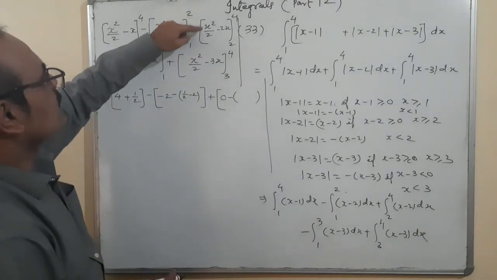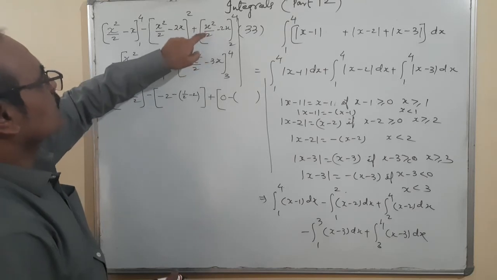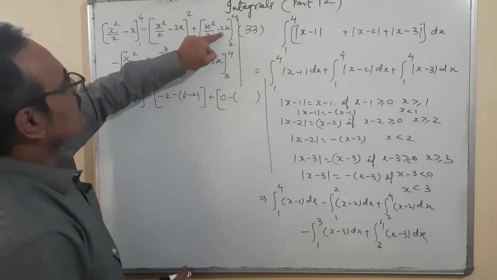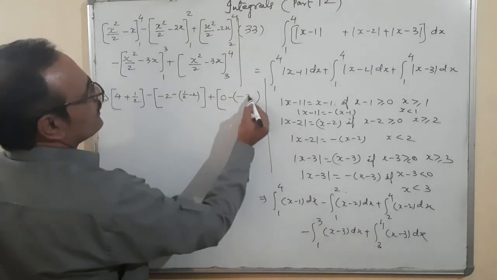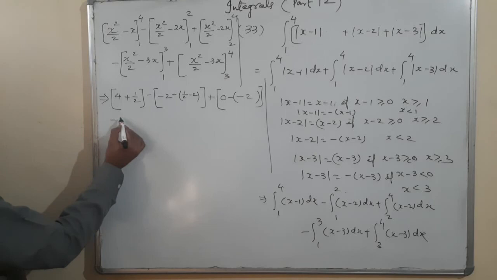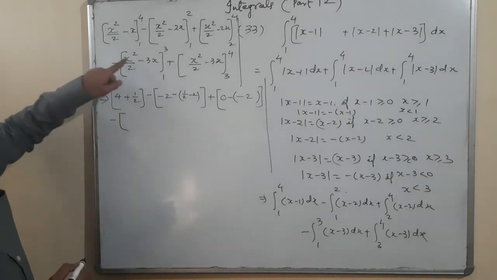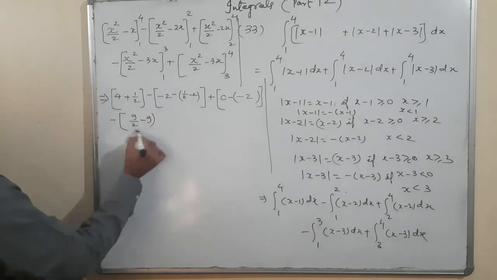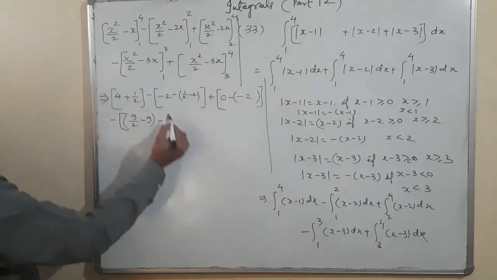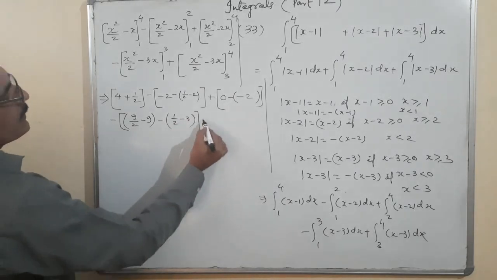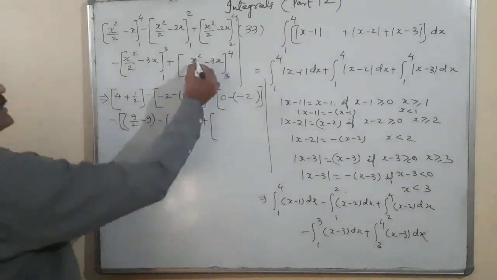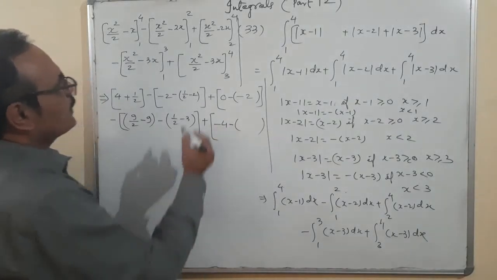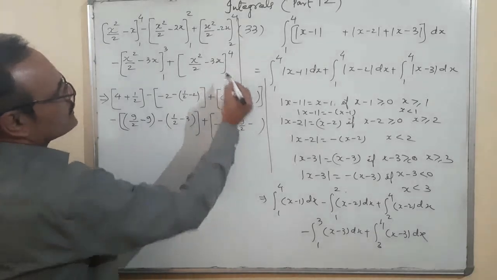Just a minute, 4, 4 4 is 16 upon 2, 8, 8 minus 8, it is 0, minus when we put lower limit, 2 to the 4 upon 2, 2 minus 4, minus 2, okay, minus 3, 3 3 is 9 upon 2, minus 3 3 is 9, minus lower limit 1, 1 upon 2 minus 3, okay, and plus last term 4 4 is 16 upon 2, 8, 8 minus 12, minus 4, minus lower limit when we put 3, 9 upon 2 minus 9, okay.